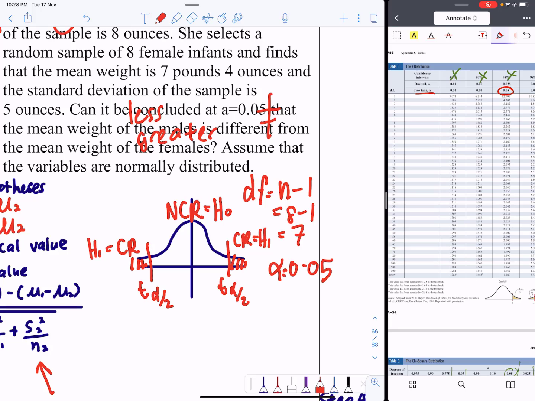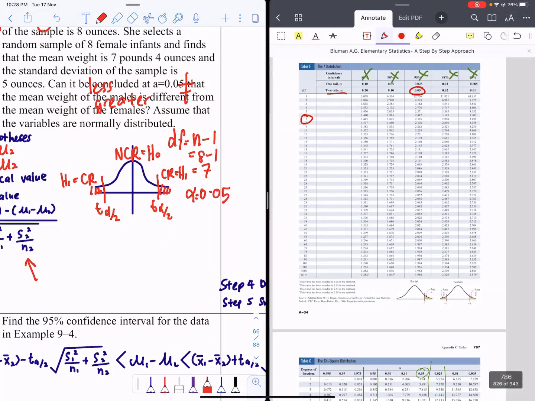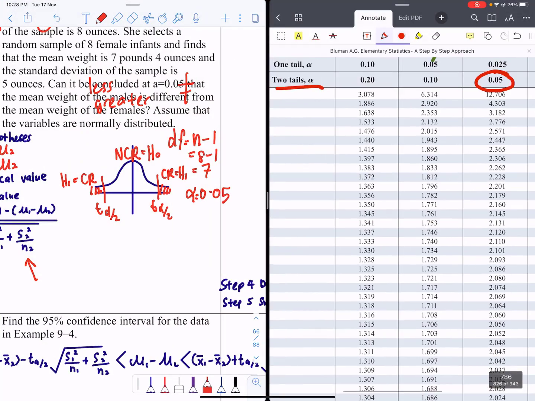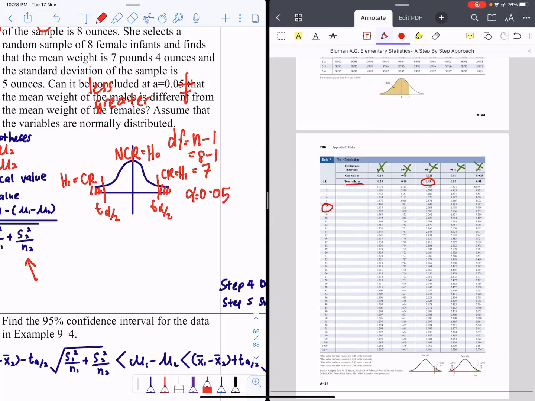Now we try to find the t value. With 0.05, here we have 7. We need to underline it.